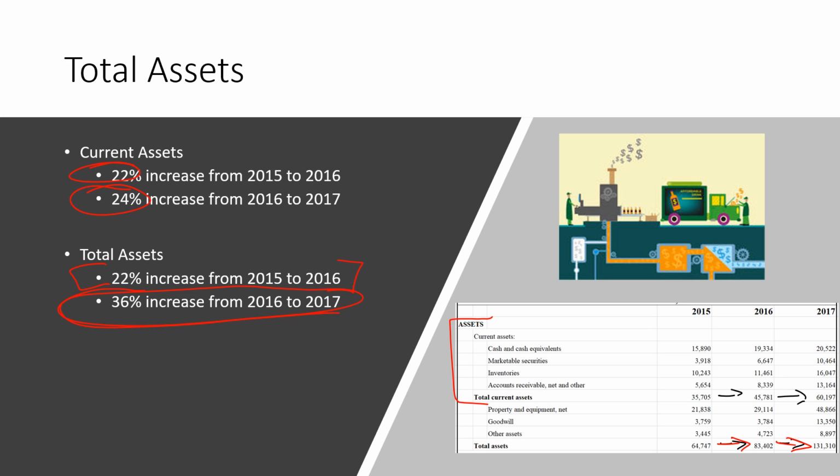There could be a lot of reasons for that, but if we look, we can see that the PPE has gone up drastically, and also the goodwill has increased quite a bit. The other assets, I mean, they've almost doubled. Everything here has gone up drastically.